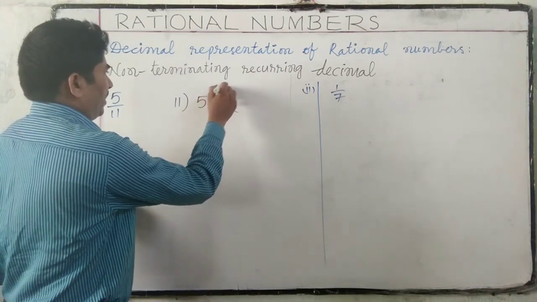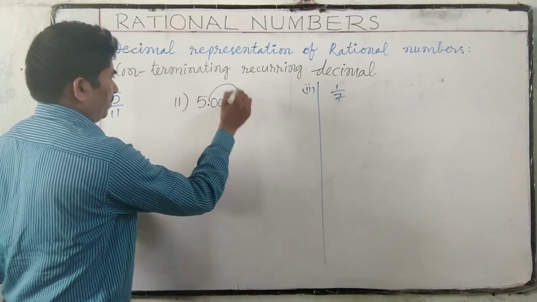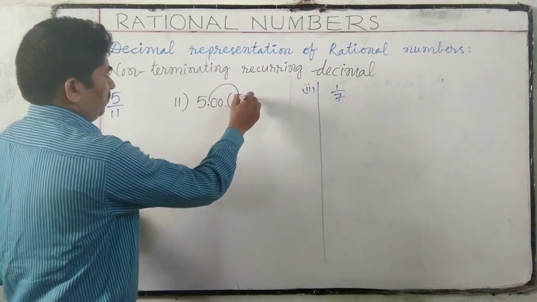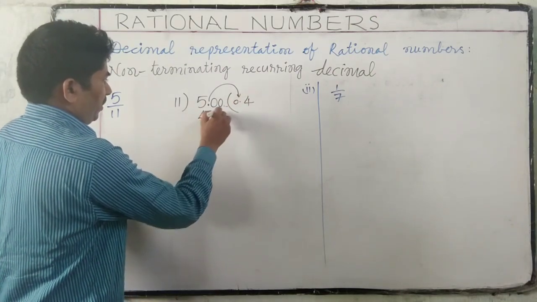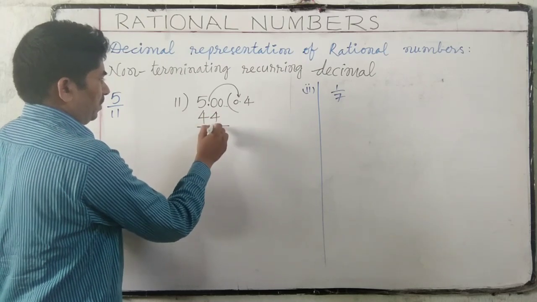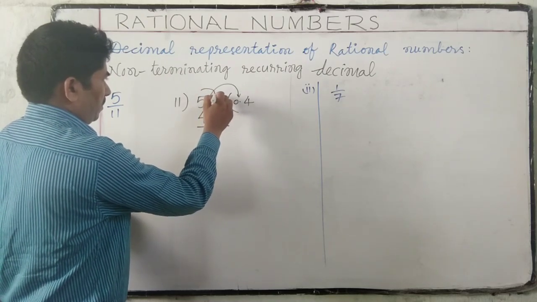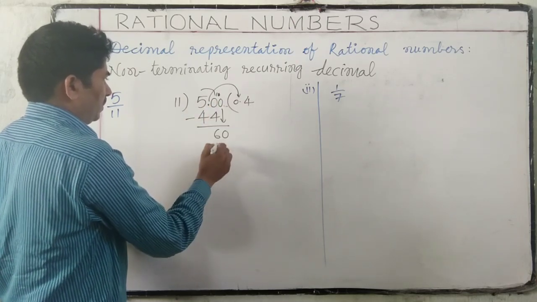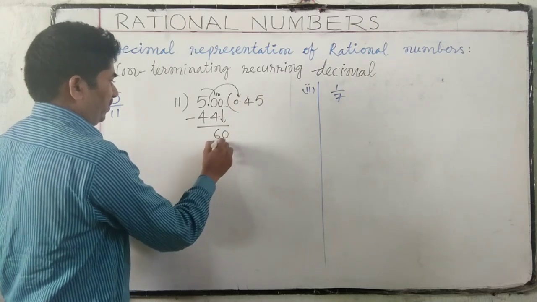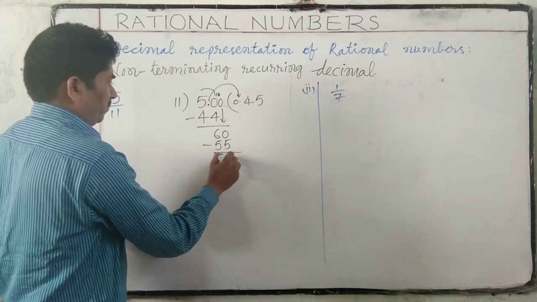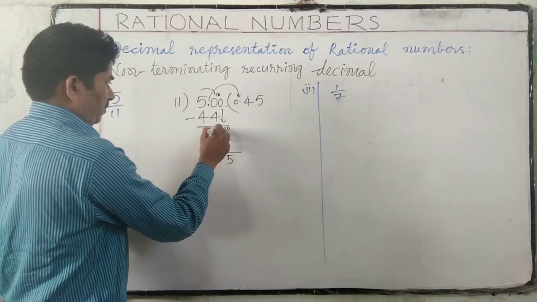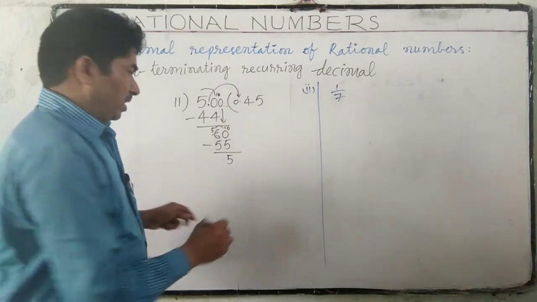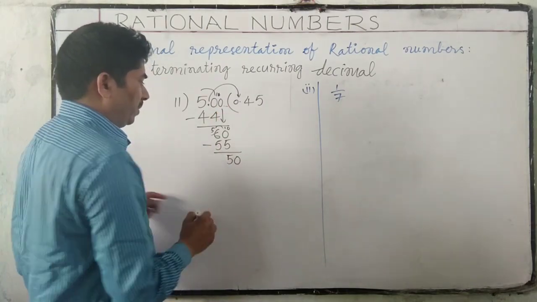Now keep this decimal point in the quotient. Here we have 50. Now 11 fours are 44, remainder 6, bring down the 0. 11 fives are 55, 60 minus 55 is 5. Now we can keep 0 in the remainder.